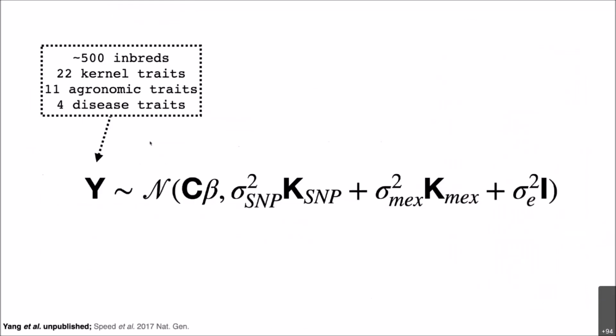Finally, we've taken a broader approach in saying, well, okay, maybe we don't care about individual loci. Let's just ask how much of the additive genetic variance across a bunch of different phenotypes can be attributed to Mexicana ancestry. So we essentially model the additive genetic variance of an individual phenotype as a contribution of kinship matrices, either due to all the SNPs in the genome or a separate kinship matrix built just based on comparisons of Mexicana ancestry from our HMM across all 500 of these individuals.